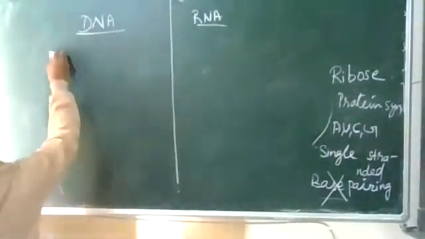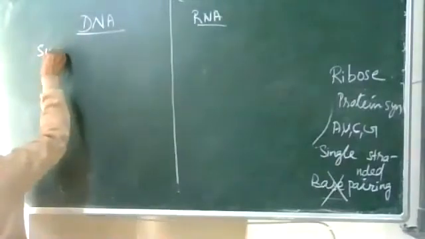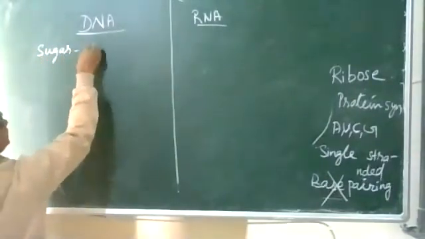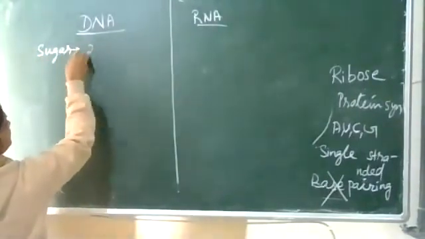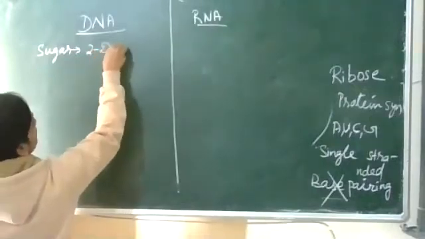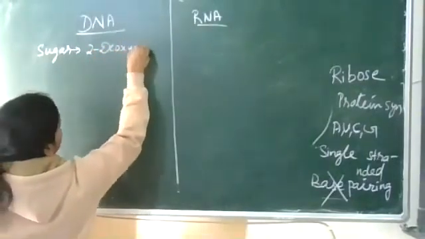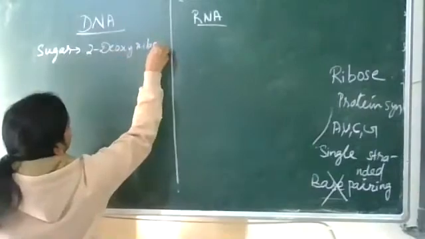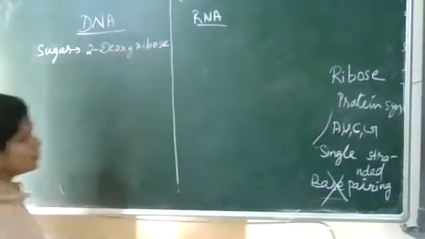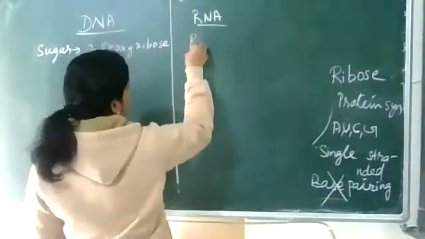DNA: the sugar is 2-deoxyribose. RNA: ribose.